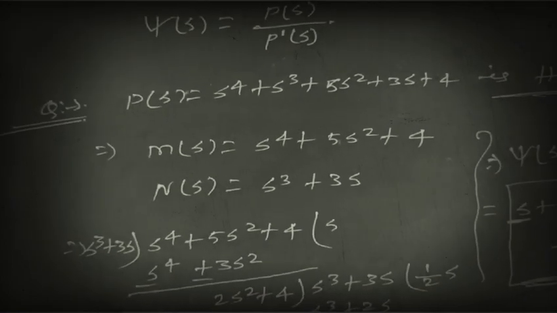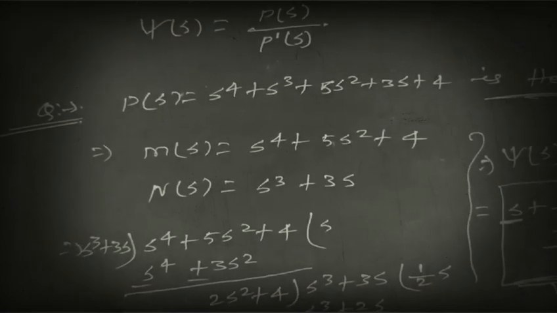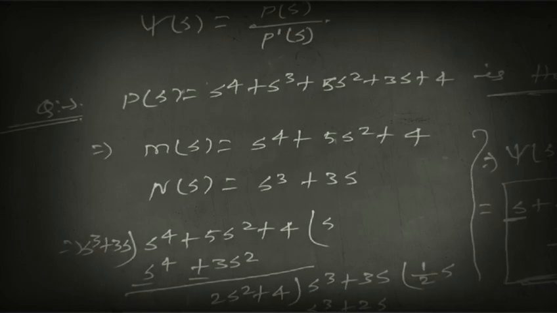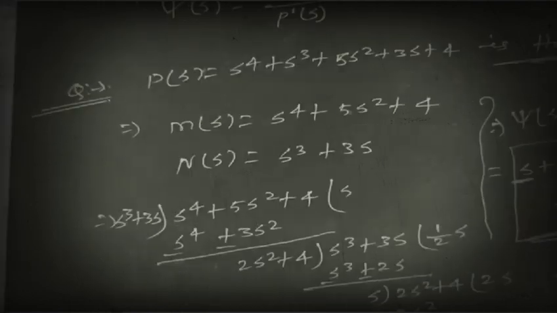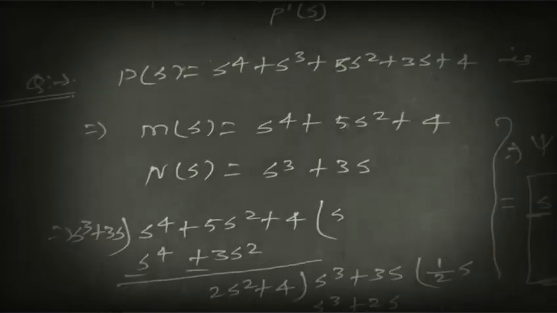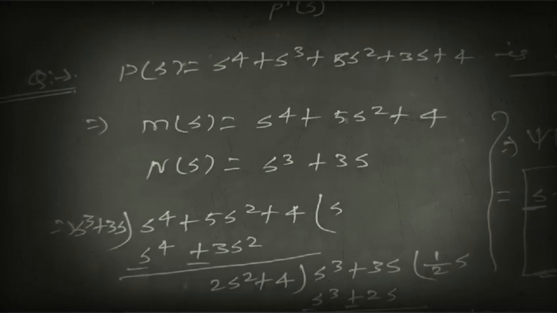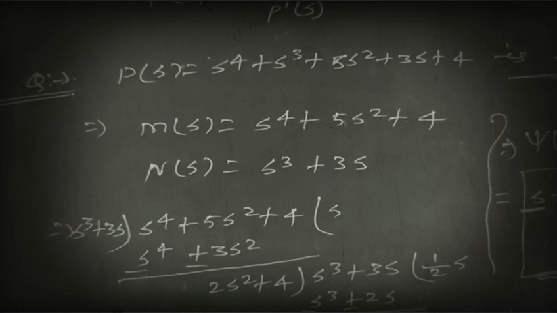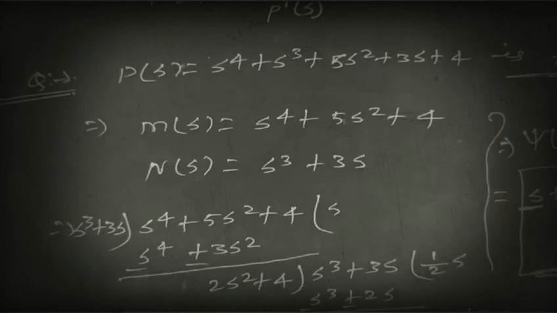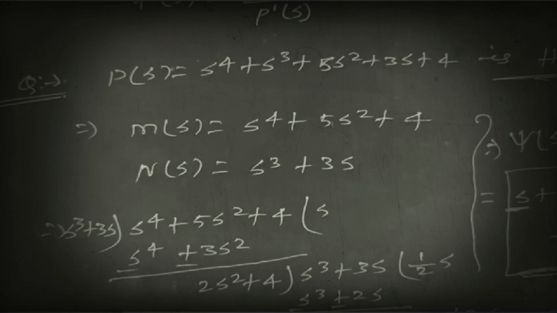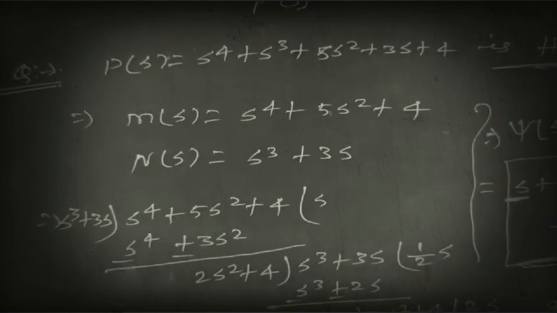So here we are dividing s to the power 4 plus 5s square plus 4 by s cube plus 3s. We see that the first quotient will be s. Here we have the terms s to the power 4 plus 3s square. When it is subtracted from s to the power 4 plus 5s square plus 4, we get 2s square plus 4.